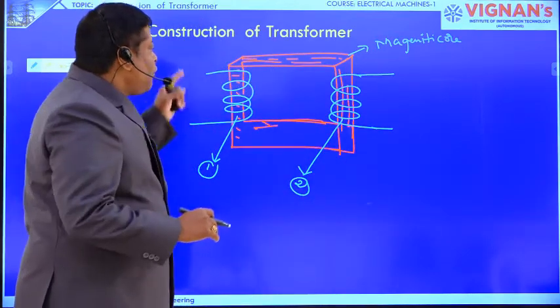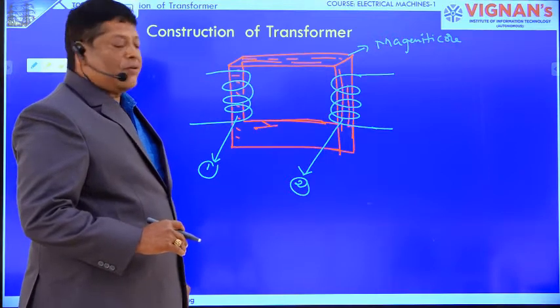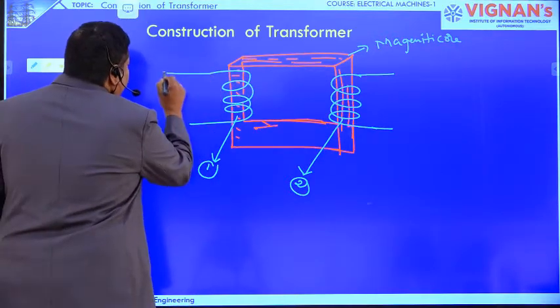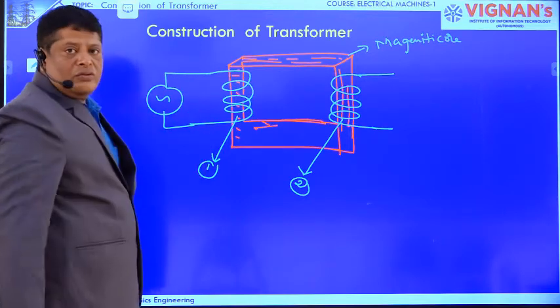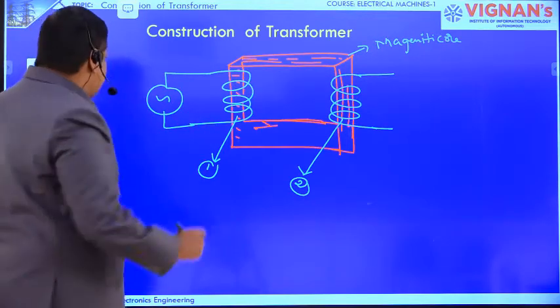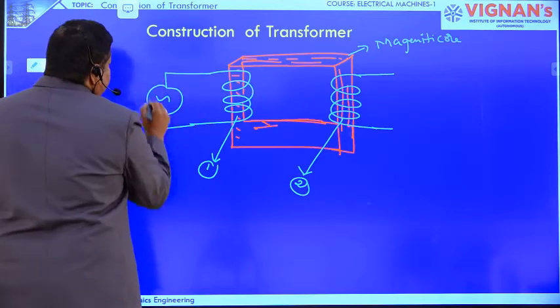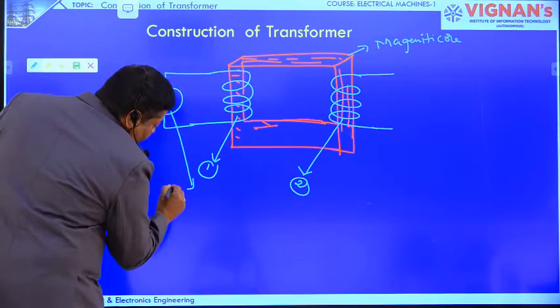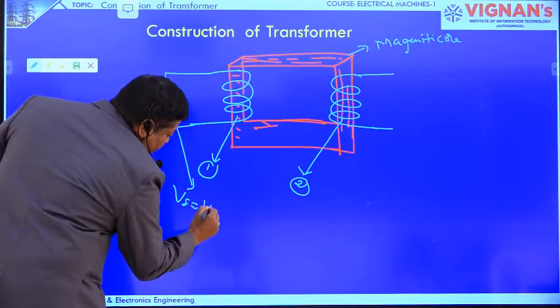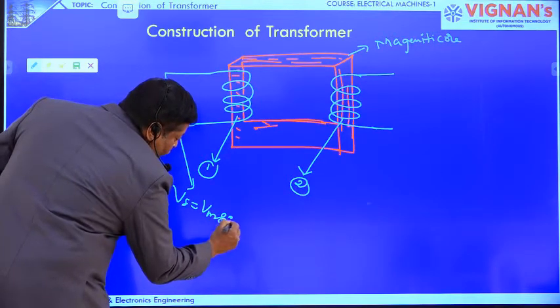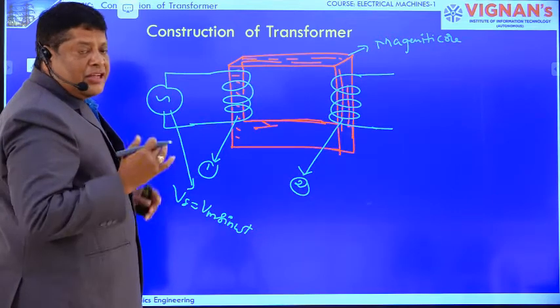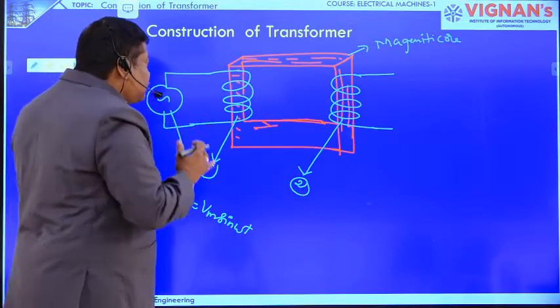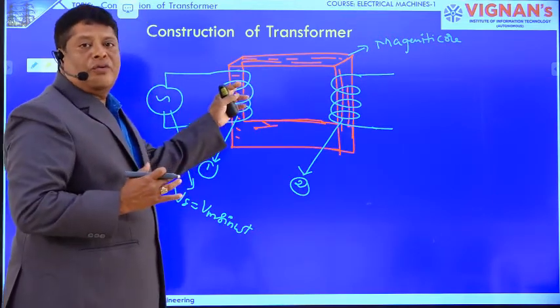See here, how it is going to transfer this electrical power. Suppose here we connect a sinusoidal voltage source, Vs, which we can write mathematically as Vs equal to Vm sin omega t. We are giving electrical energy to the one circuit.